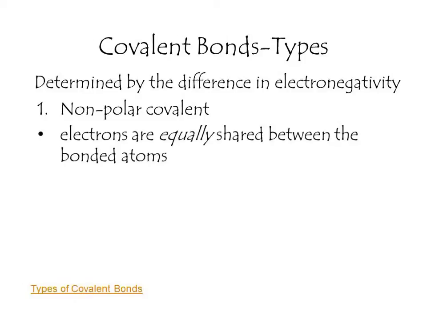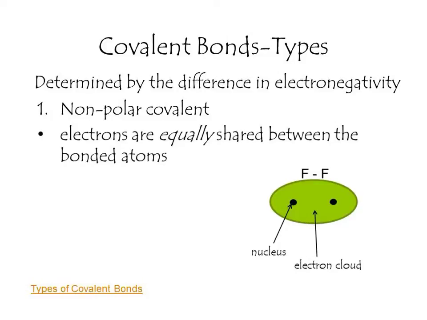This is where you have the electrons equally shared between the two atoms. And so here's the fluorine model, and you go ahead and write this in your notes packet. If you notice, here is the electron cloud, and it is evenly distributed amongst the two. Each of these black dots is the nucleus of each fluorine. Now, you will also have a table on your sheet that looks like this.